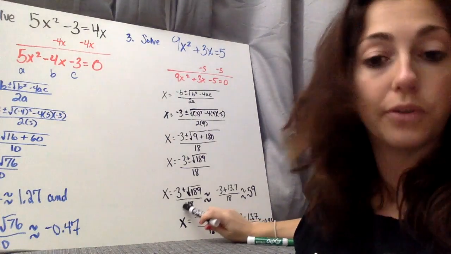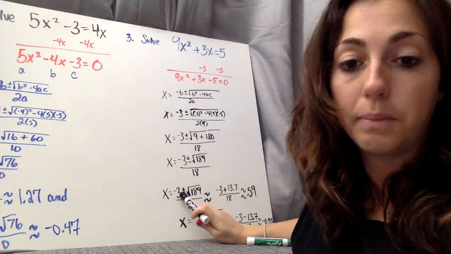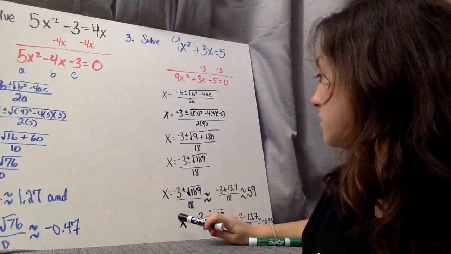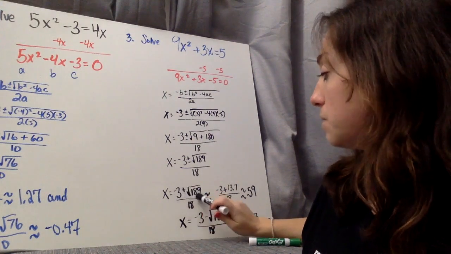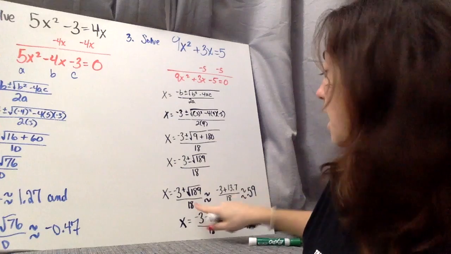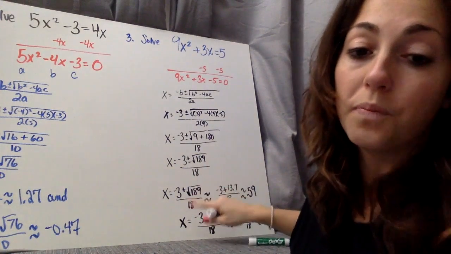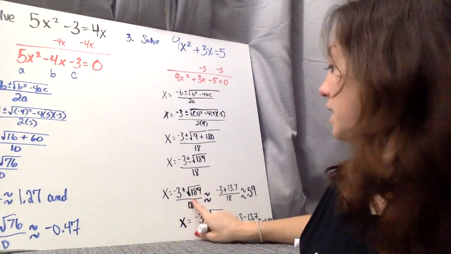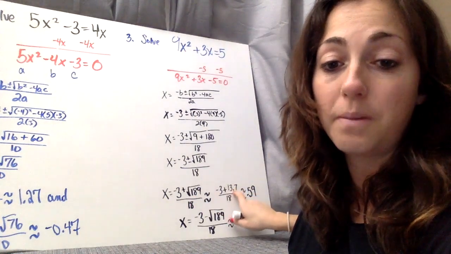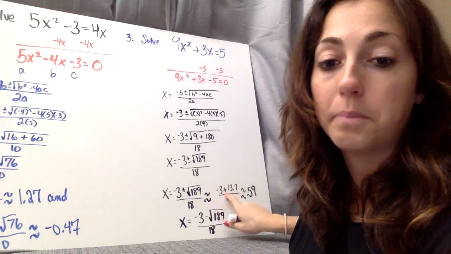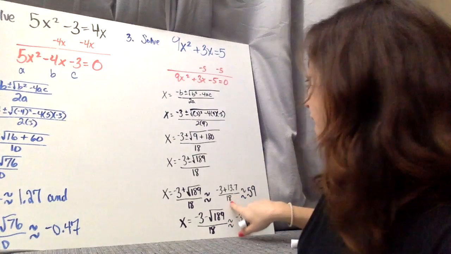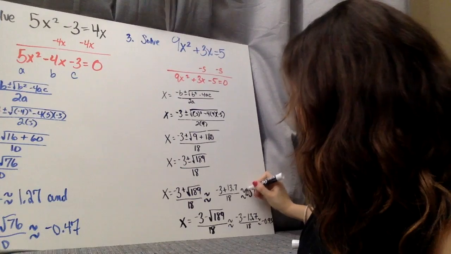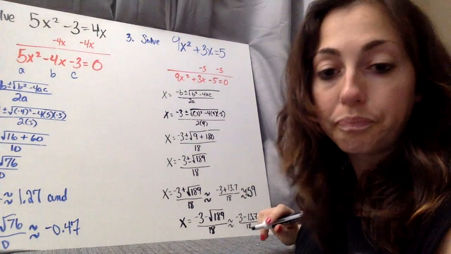So now we have here, if you look here, we have two answers, negative 3 plus or minus the square root of 189 divided by 18. So my first answer is negative 3 plus square root of 189 divided by 18. And I wanted to show you, this might be better. Instead of here we jumped, we put it all in. The square root of 189 is about 13.7. So when I add negative 3 plus 13.7 and divide by 18, I get about 0.59.